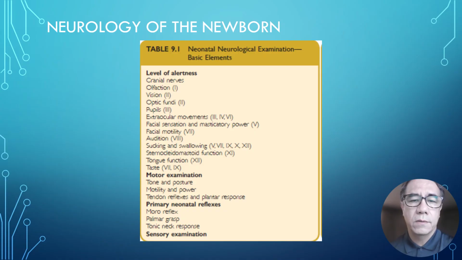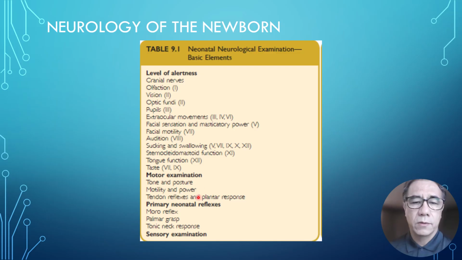And when we do the rest of the neurologic exam, as far as newborns are concerned, you have to adapt a little bit because you may not be able to obtain olfaction with some degree of reliability, but you can tell if they can see or not based on their ability to blink to bright light.